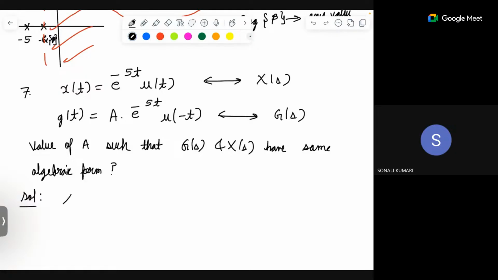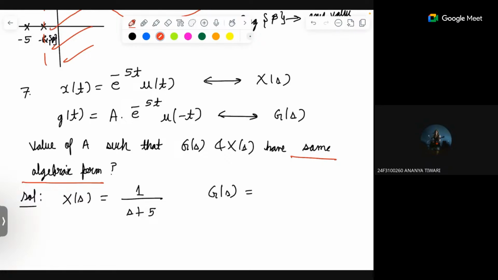Okay, let us write. What will be the expression for X(s)? Tell me. 1 by s plus 5. Yes, X(s) is 1 by s plus 5. Let us go to G(s). Here we are not concerned about ROCs because we want them to have the same algebraic form.